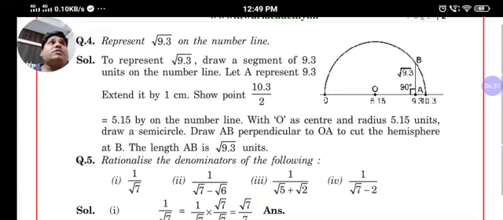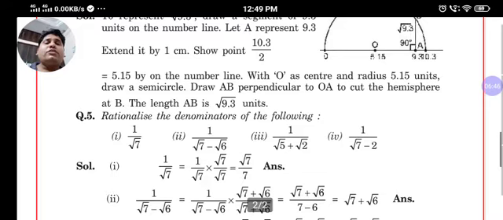So friends, this is very easy way to represent root 9.3, and any irrational number of this type we can represent on the number line.